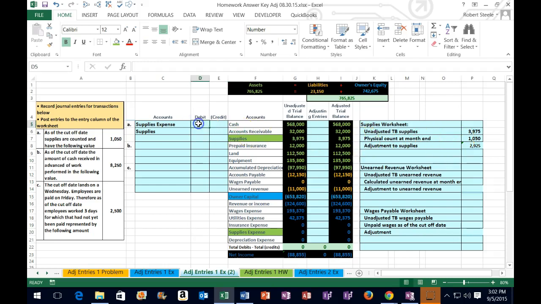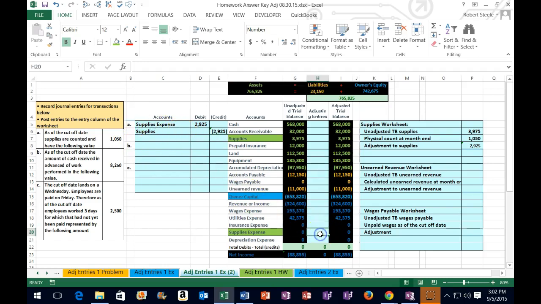So that will be our journal entry over here. The journal entry should be 2925, both a debit and a credit. So we're going to debit and credit 2925, and that should bring this down to the physical count of 1050. Let's see if that's the case. So I'll post the expense first.